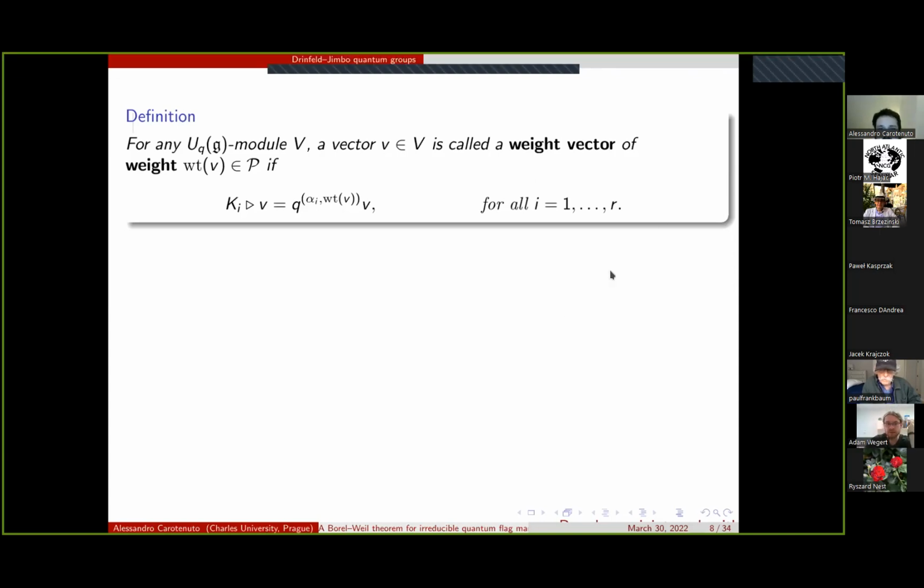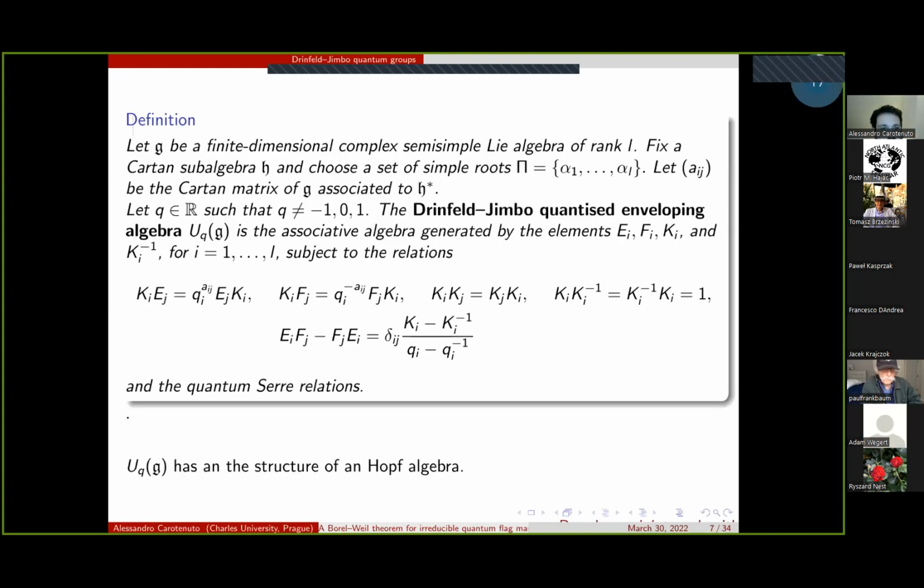What is q_i? Okay, so we have the parameter q, and q_i, if we call alpha_i the ith simple root, q_i is q to the scalar product, the Killing product of alpha_i by itself, I think divided by 2.